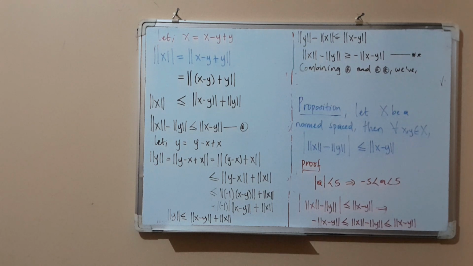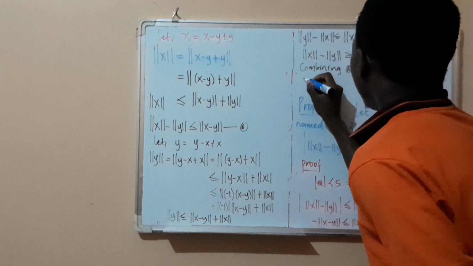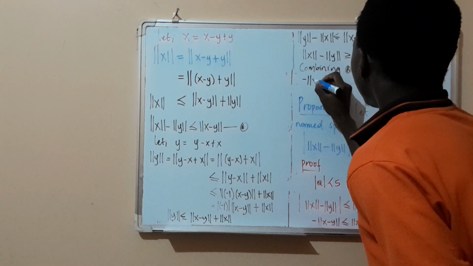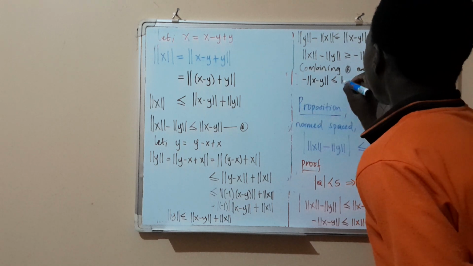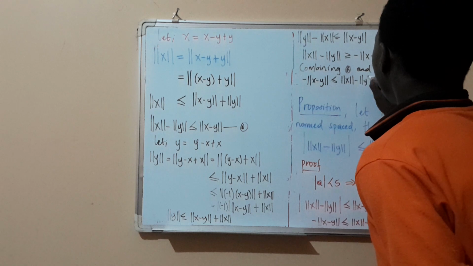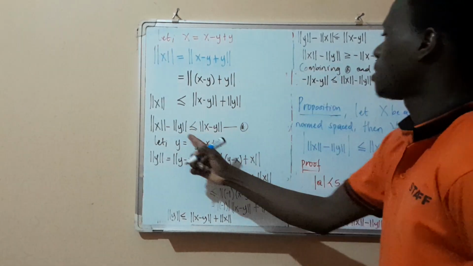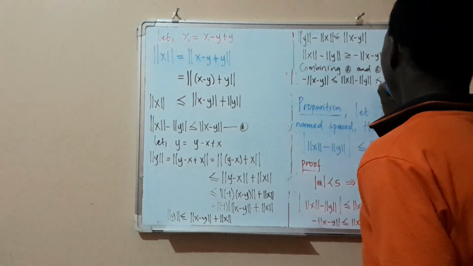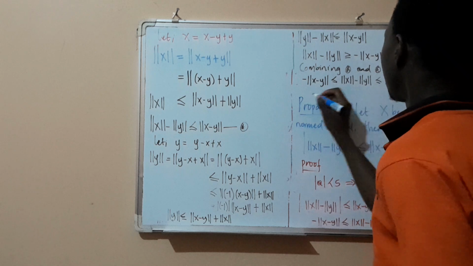I have negative the norm of x minus y is less or equal to the difference of the norms, which is less or equal to the norm of x minus y.